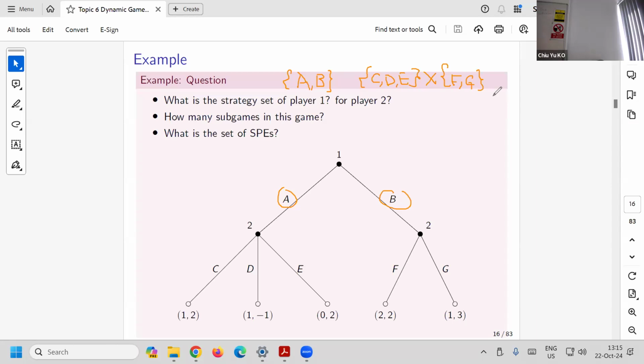So we will use what we call backward induction. We're trying to see all the subgames. So look at E's subgame first, the right-hand side, F and G. Look at F and G, which one is better? In this particular case, G is certainly better.